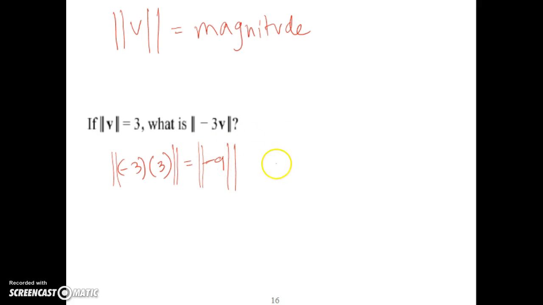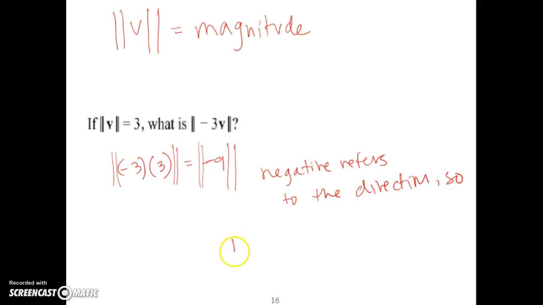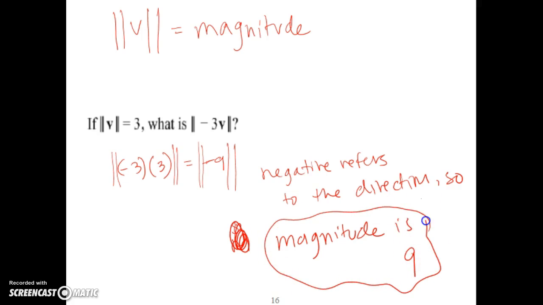The negative refers to the direction. So the magnitude of this is 9, positive 9. The negative refers to the direction. It will be going in the opposite direction, but when you're asked for magnitude, you're asked strictly for magnitude.